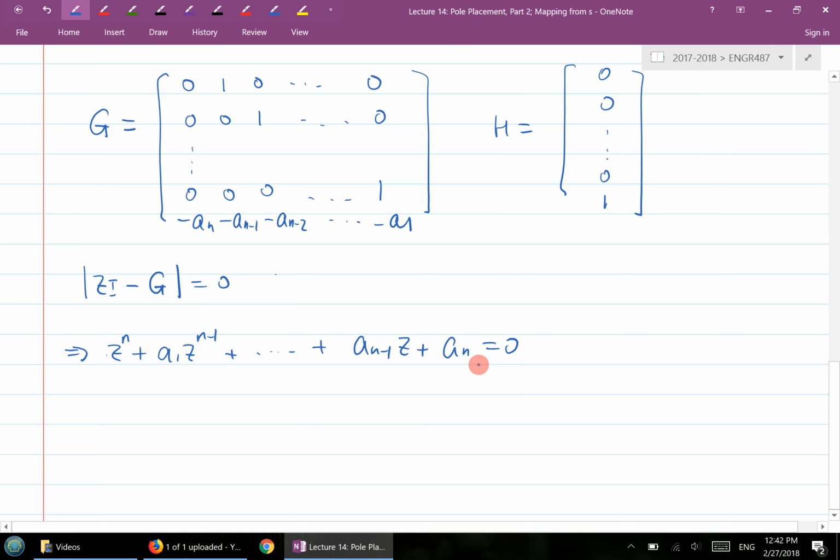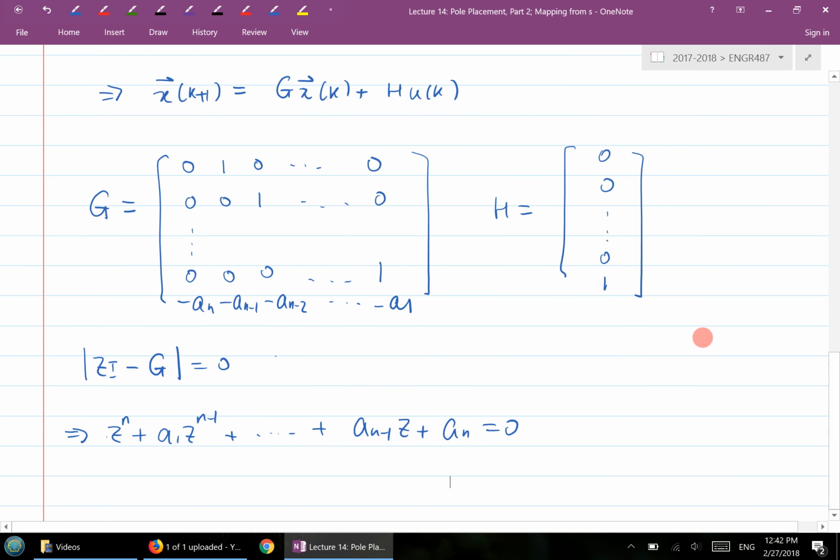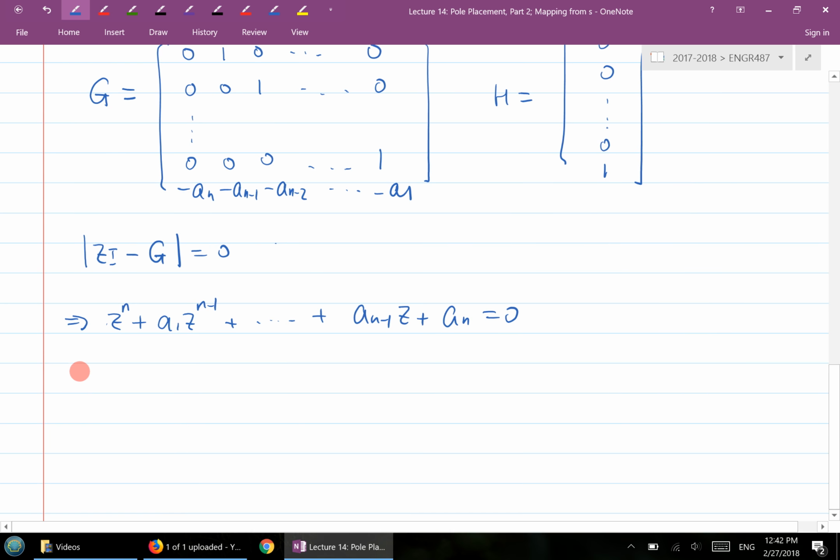So why will this format help us in calculating the gain matrix, right? Let's think about it now. I want to obtain an appropriate gain matrix K. So let's let this gain matrix K equal this vector here.